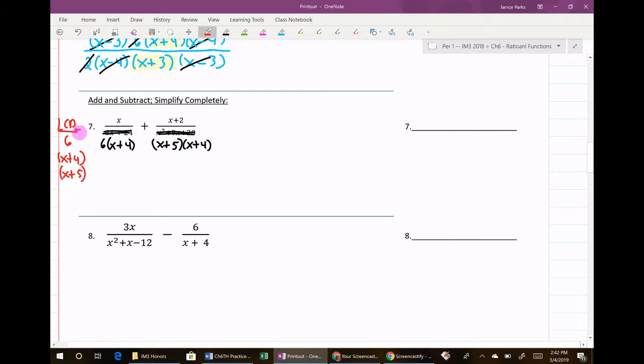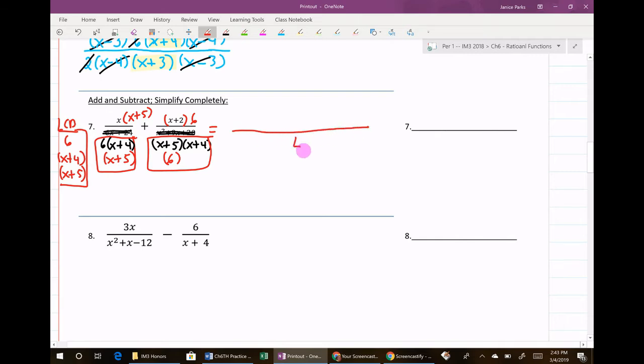So I need both denominators to look like this. So this one needs an x plus 5, and you need to multiply the top and bottom. This one needs just a 6, and again, you have to multiply top and bottom. Once your denominators are identical, then you can go ahead and just substitute LCD in their place for right now.